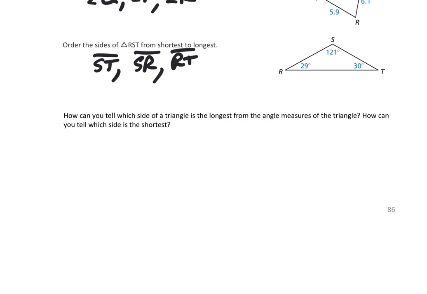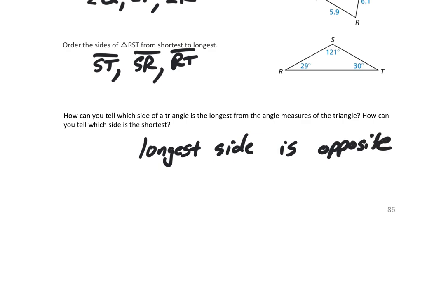Okay, all this question is asking is, how do we know which one is the largest? Well, or the longest side. The longest side is always opposite the largest angle.